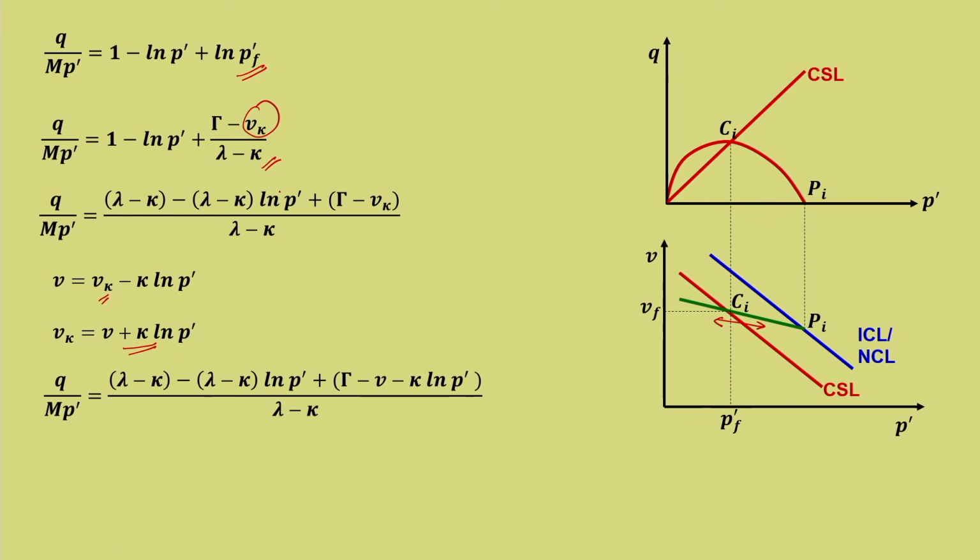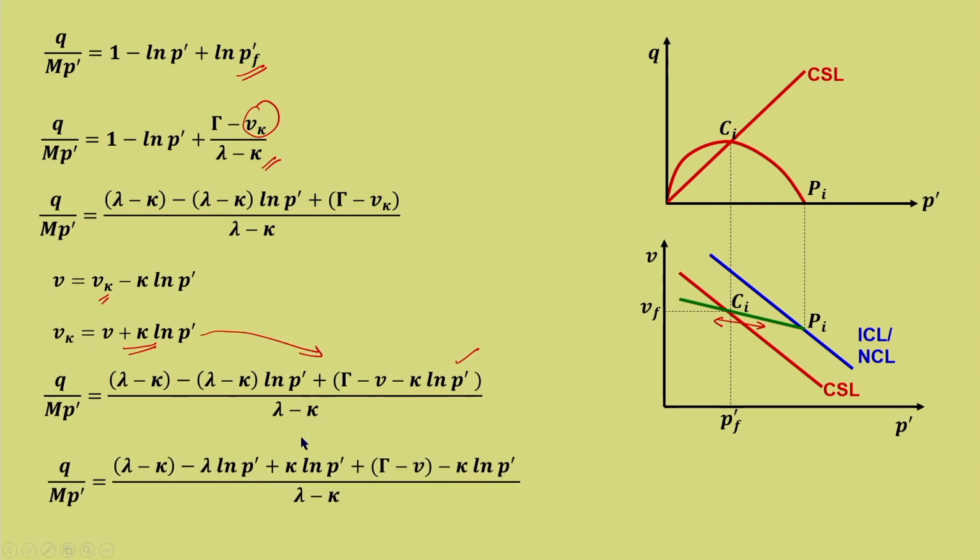So when you substitute it, the first and the second term remain same, gamma minus V, that is given, minus kappa ln P dash. So we are substituting this to here. Then if you expand it, we can write lambda minus kappa minus lambda ln P dash, this one, and then minus of minus will become plus kappa ln P dash plus gamma minus specific volume V minus kappa ln P dash.